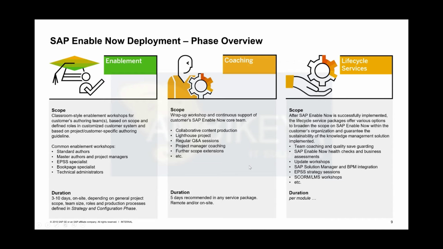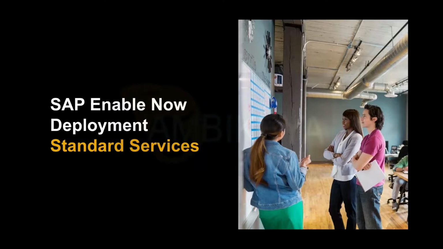So here we go. SAP Enable Now deployment, the standard services. As we've seen before, there are the single phases. The phases are split into modules, and the modules are then again recombined into standard services.